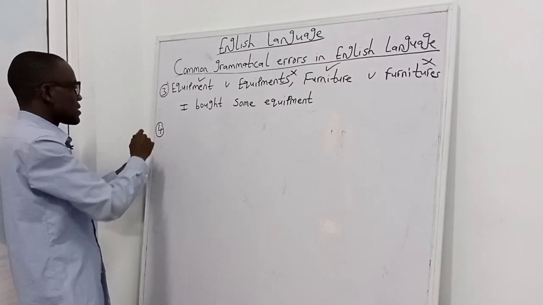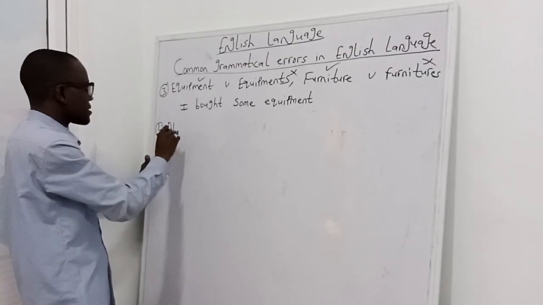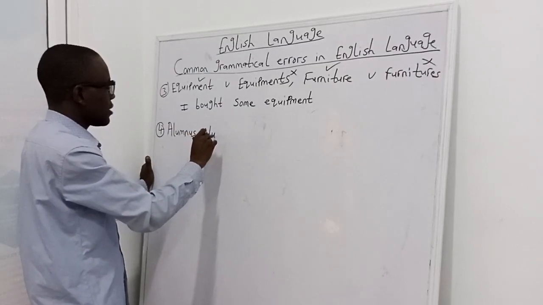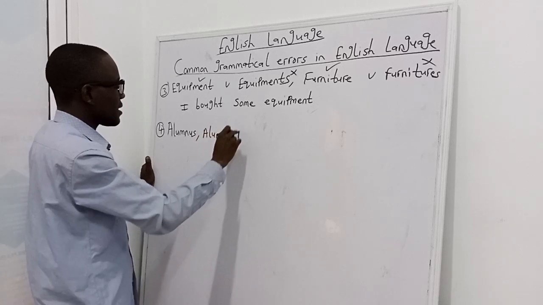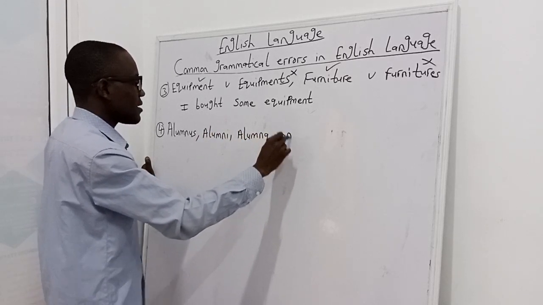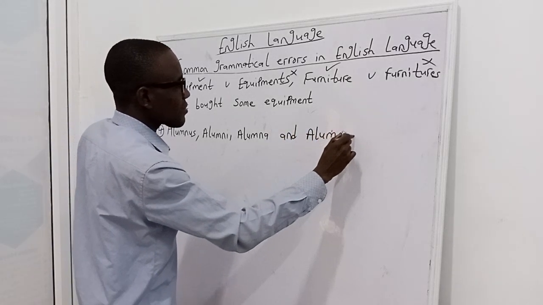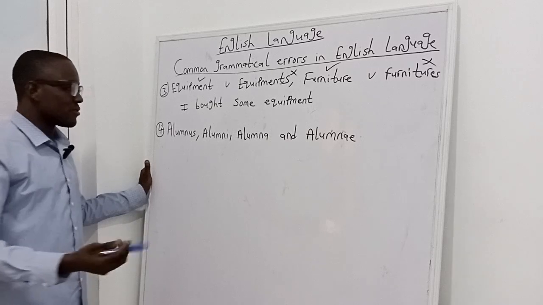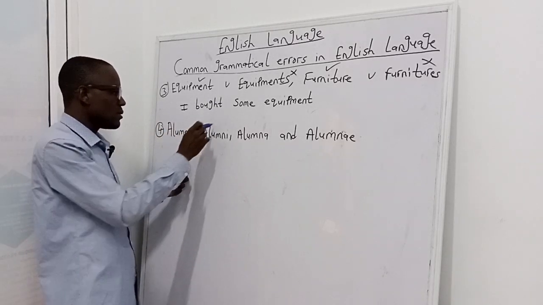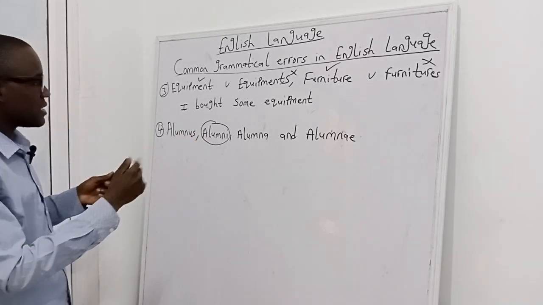Also, some people struggle to understand the difference between these four words: alumnus, alumni, alumna, and alumnae. Even though the generally acceptable word for all of them, as you find in most books, is alumni, I think it's still important for me to point out the real meaning of these four words.